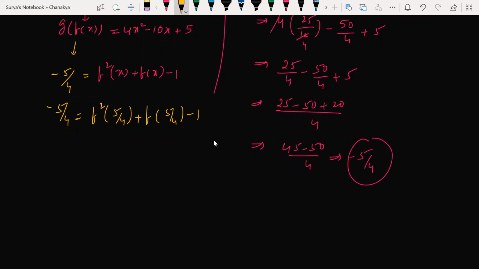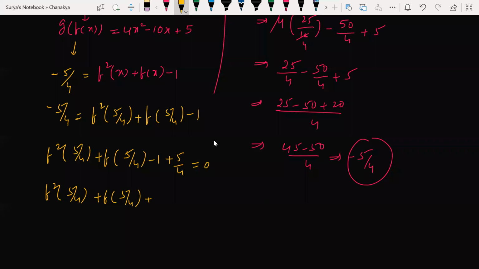So f square of 5 by 4 plus f of 5 by 4 minus 1 plus 5 by 4 is equal to 0. So f square of 5 by 4 plus f of 5 by 4 plus 1 by 4 is equal to 0. Correct?